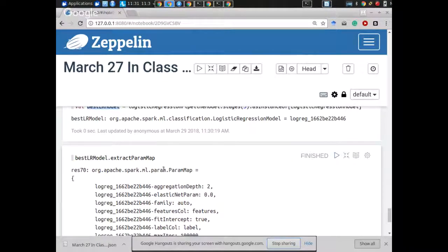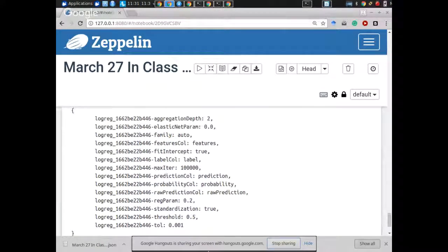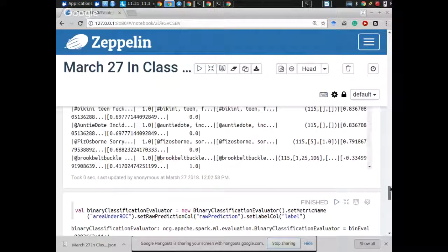And you'll notice that what it's telling me is a bunch of characteristics of this model that we used. So, for example, we had a tolerance of 0.001, the regularization parameter, the parameter associated with regularity, was 0.1. It did 100,000 iterations. Where did those come from? At least some of them.